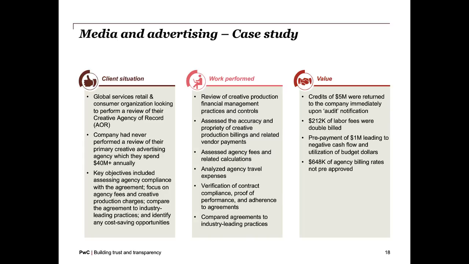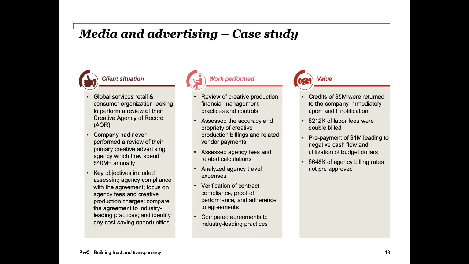There were also examples of double billing, where the labor of the agency personnel was billed twice, once as part of the fee and once as an out-of-pocket pass-through cost, and there was prepayment involved, about $1 million of cash flow inefficiency that the third-party agency billed in advance to the client, which obviously caused a strain on cash flow.